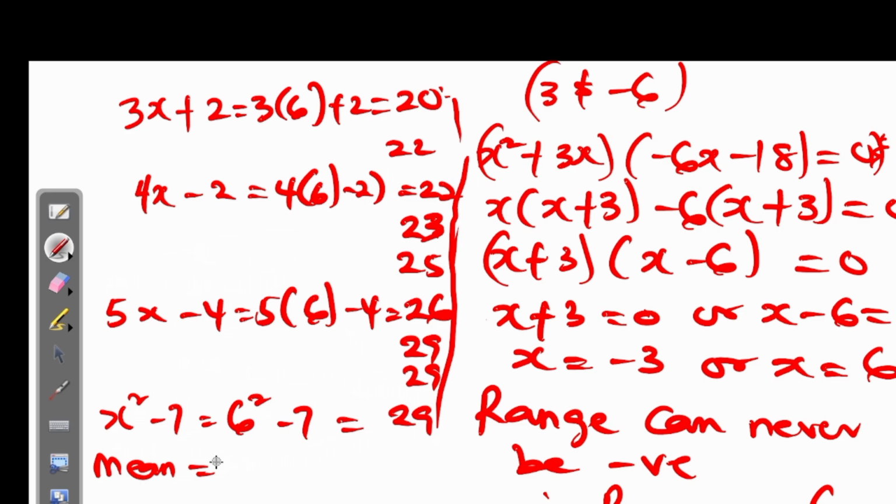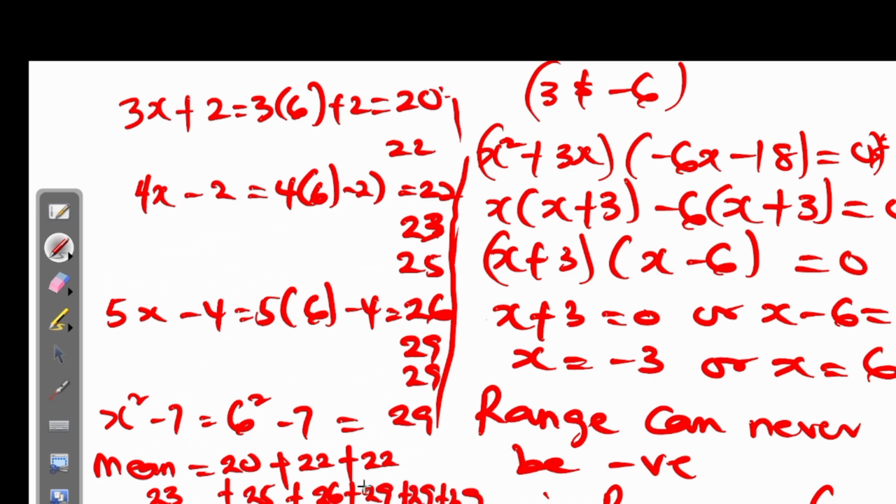So mean now. Mean means the summation of the scores. Add all the scores and divide by the number of scores. So we have 20 plus 22 plus 22 plus 23 plus 25 plus 26 plus 29 plus 29 plus 29.